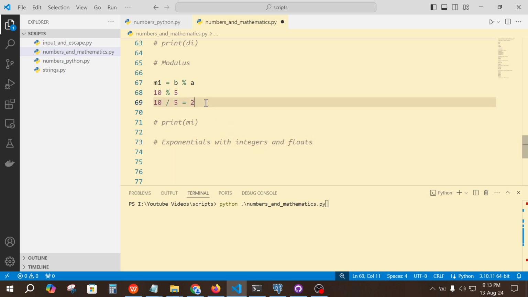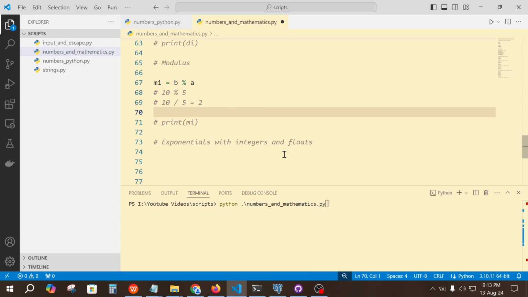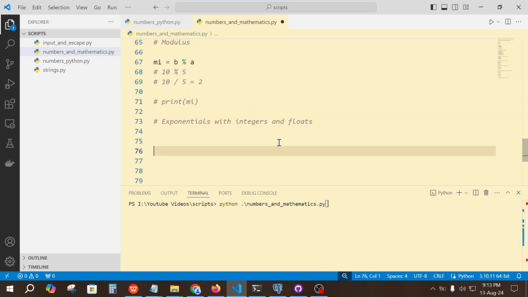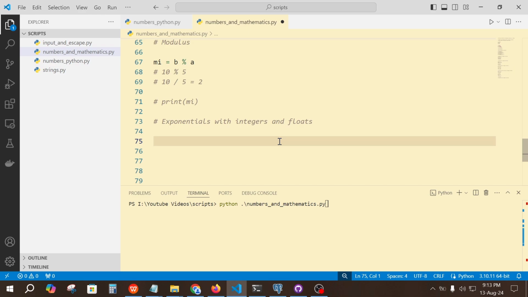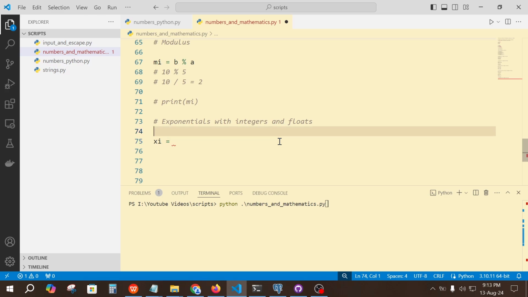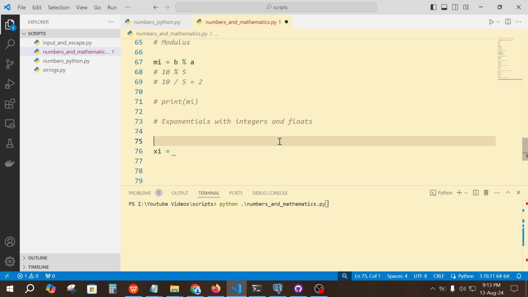Let me comment them out or they will cause an error. So what we can do now is write x equals, and this is simply the power of one integer to another.